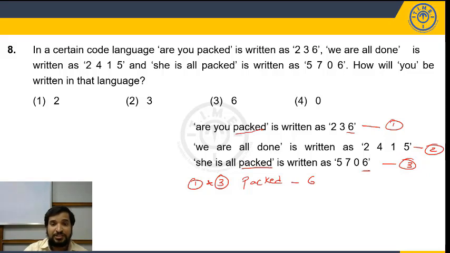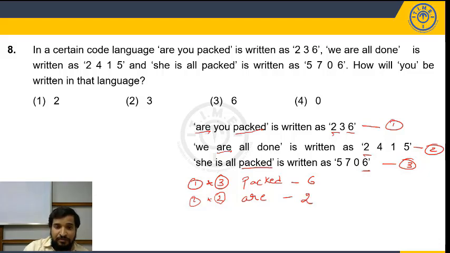The next: by comparing 1 and 2, what's common? "Are". And in code, what's common in 1 and 2? 2 is common. So from this we can say that "are" is coded as 2.